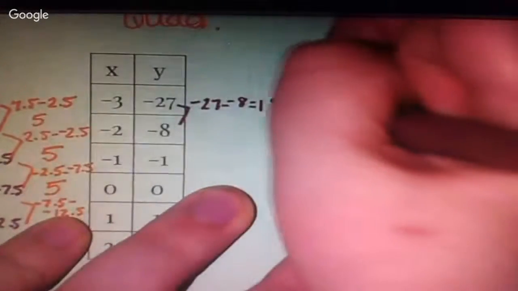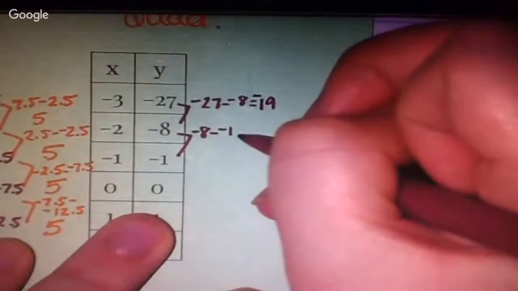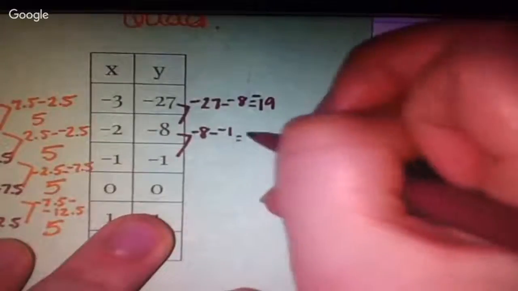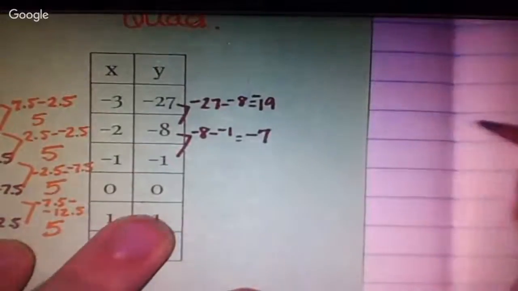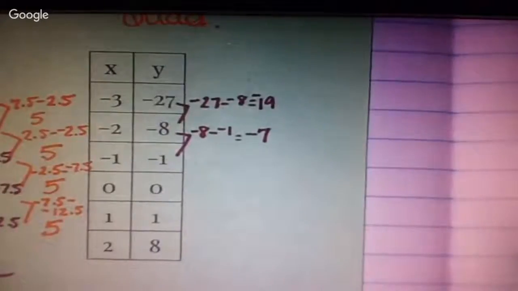Okay, let's finish this. Negative 27 minus a negative 8, negative 19. Negative 8 minus a negative 1, negative 7. No, it's quadratic.